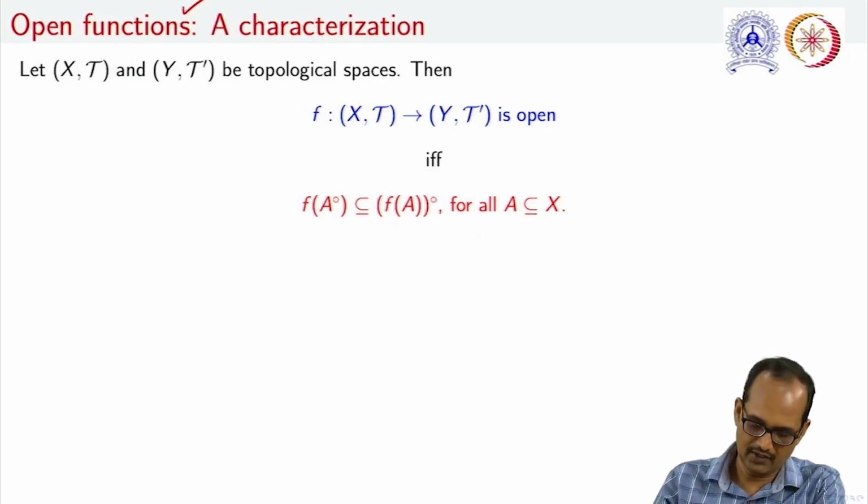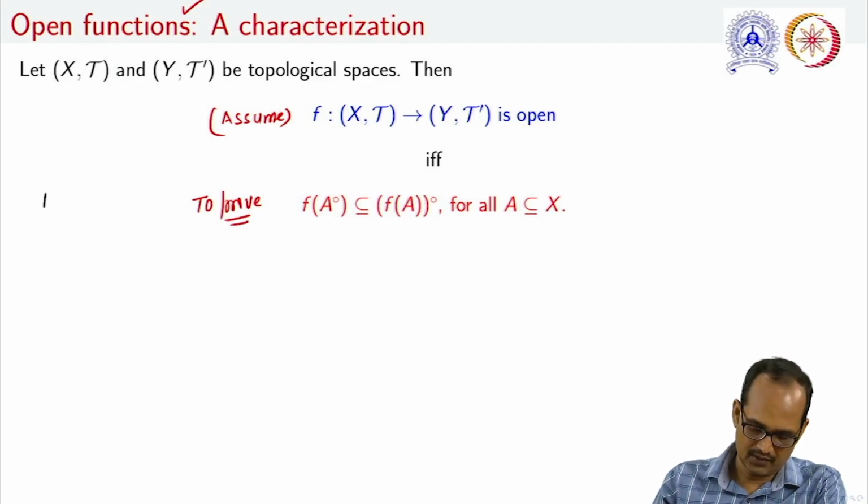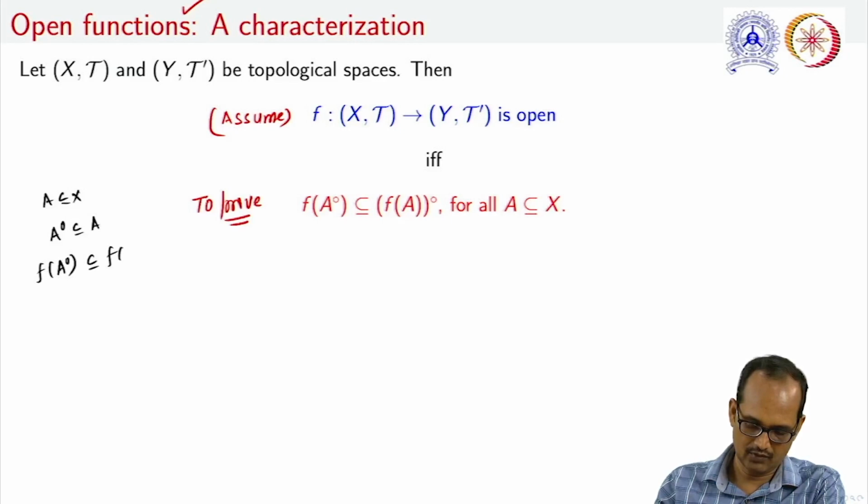In order to justify it, let us first assume that f is open, and now we have to prove that f of interior of A is a subset of interior of f(A). For it, let us take a subset A of X. We know that interior of A is always a subset of A, and therefore f of interior of A is a subset of f(A), so interior of f of interior of A is a subset of interior of f(A).